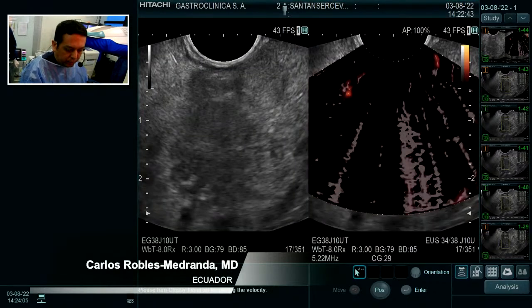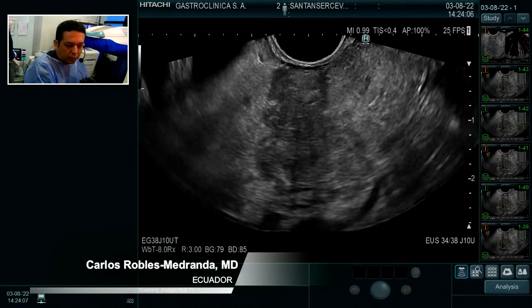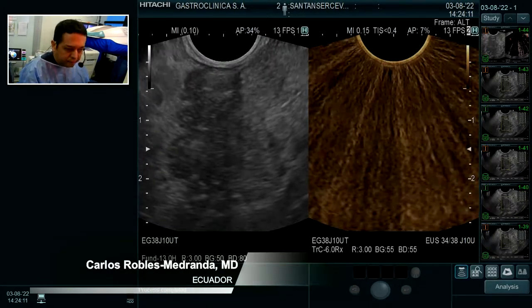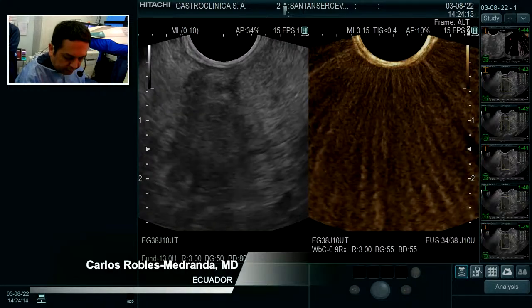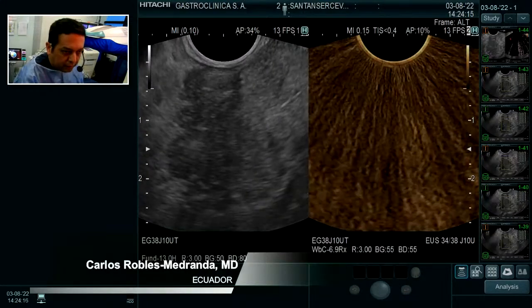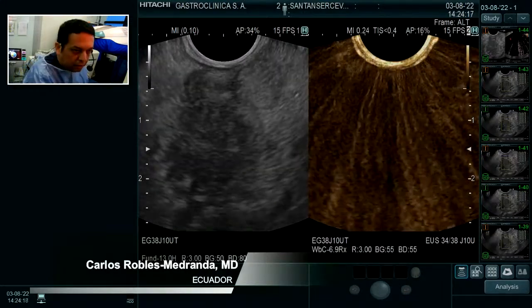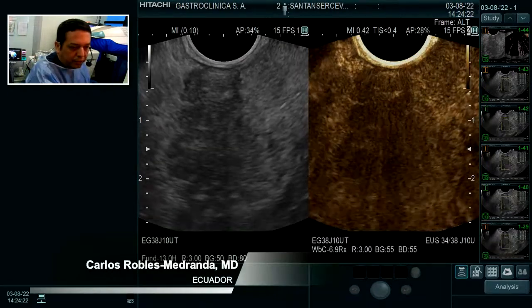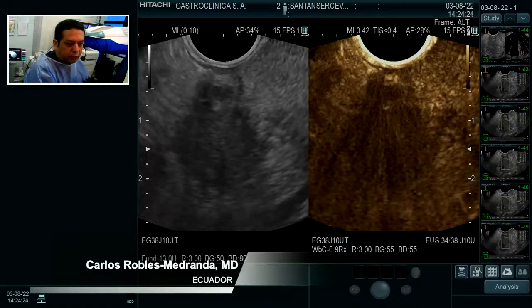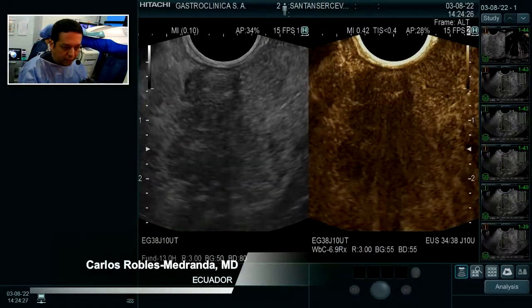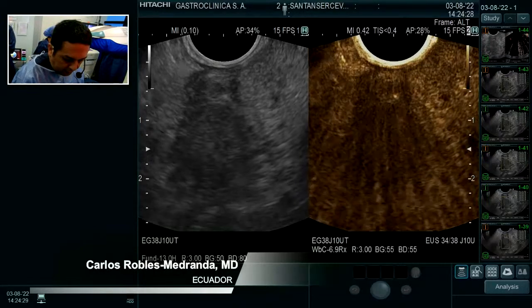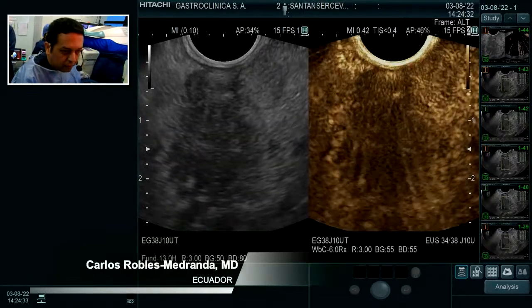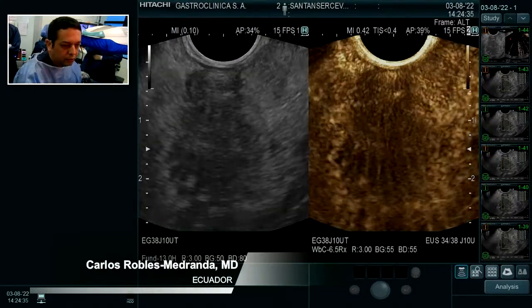So I will use contrast now. I would like to show you how DFI is very similar to contrast, and so now we are preparing the contrast.